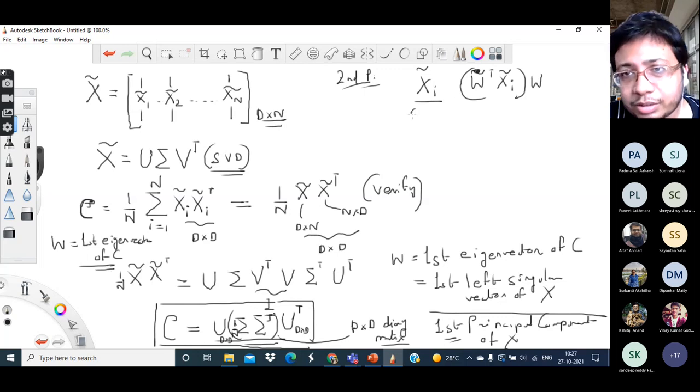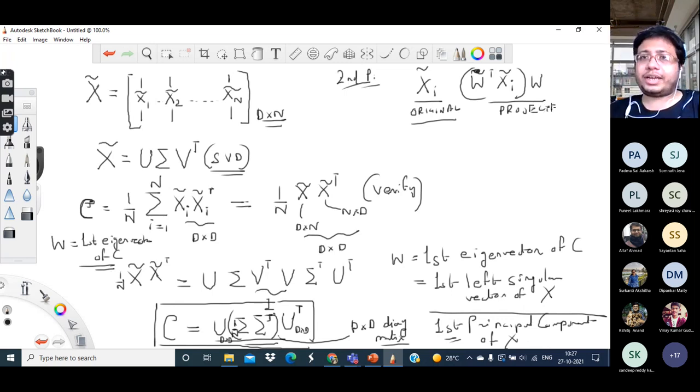So this is original, this is projected. Note that this is a d-dimensional vector and this also is a d-dimensional vector. Why so? Because as I said earlier, this is a scalar and this is a d-dimensional vector, so their product has to be a d-dimensional vector.